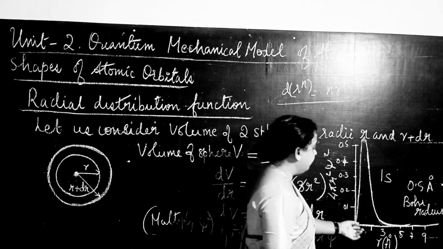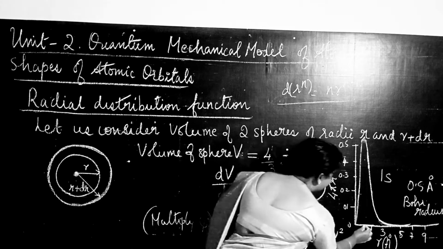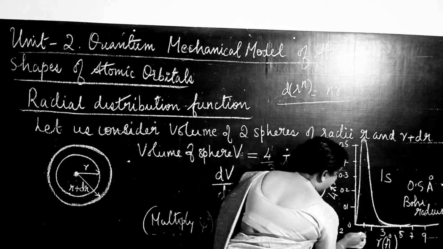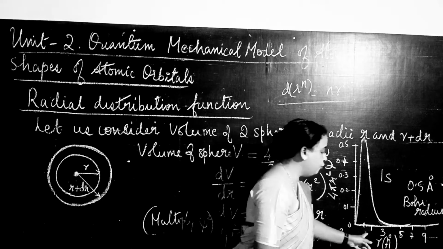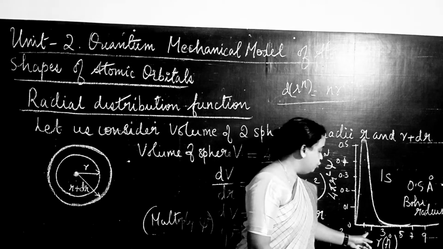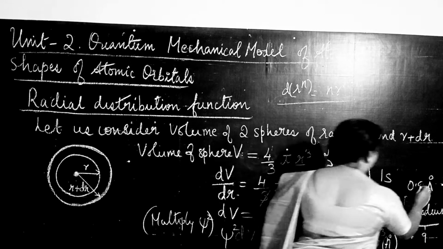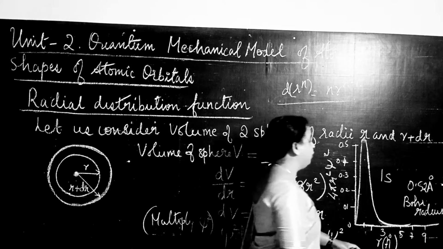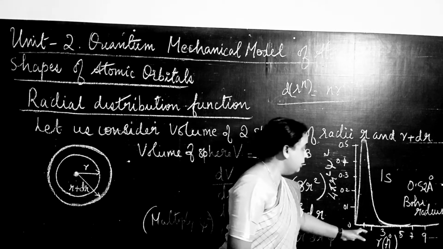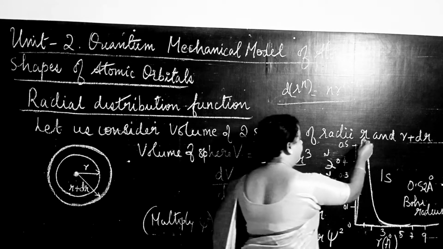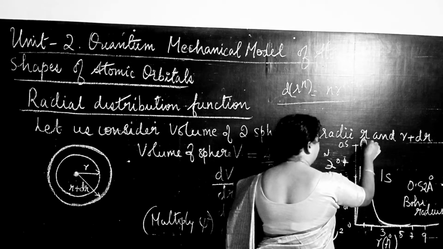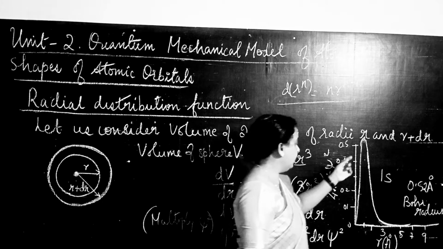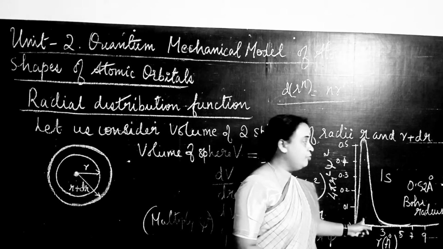Okay, so from this curve it is said that when the radius is equal to 0.52 Angstrom, there is the maximum probability of finding the electron.